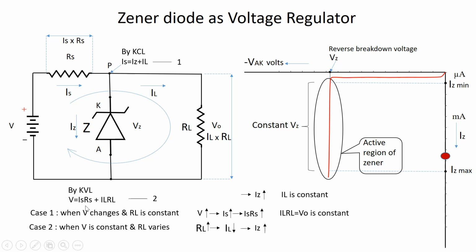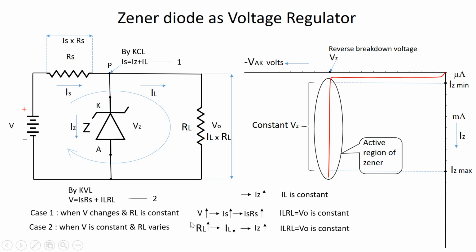As V and ISRS are unchanged, it is mandatory that the product IL into RL, the product of load current and load resistance, which is equal to the output voltage, is also not changing. And this is how the output voltage V0 is maintained constant in the second case also.